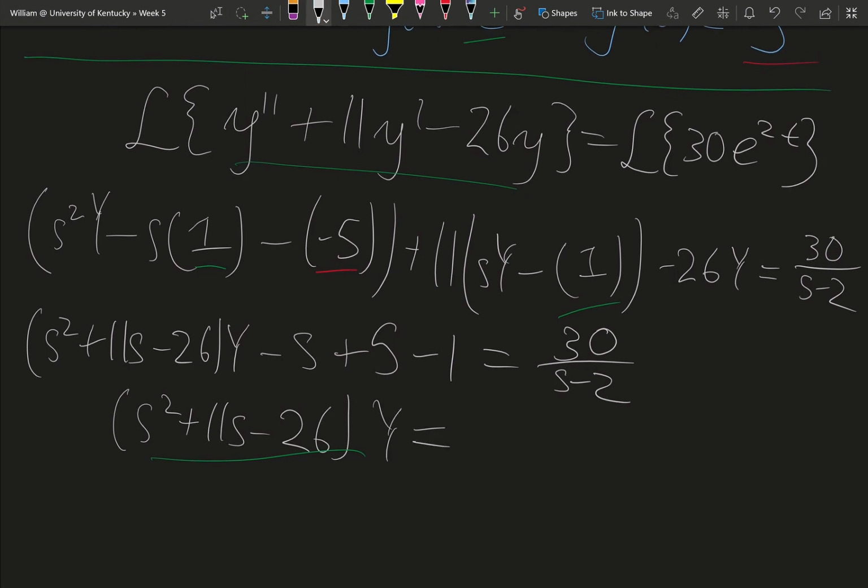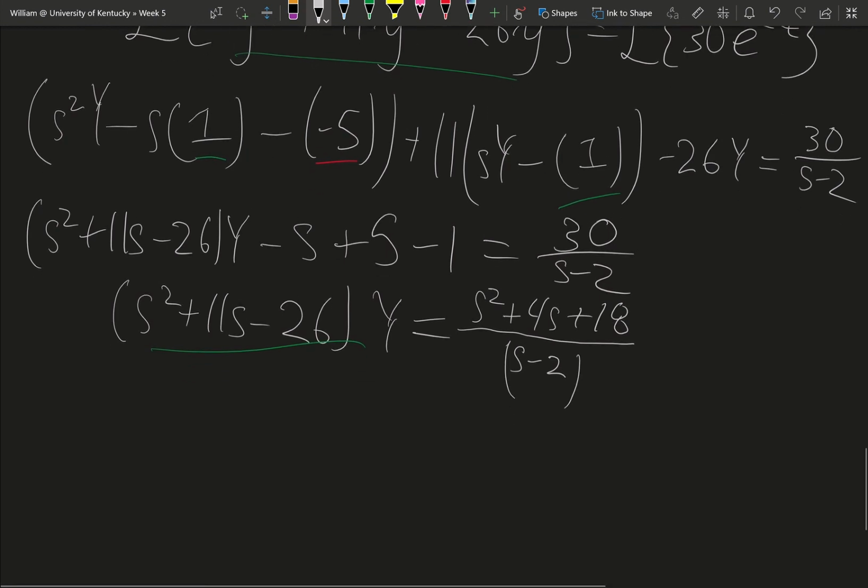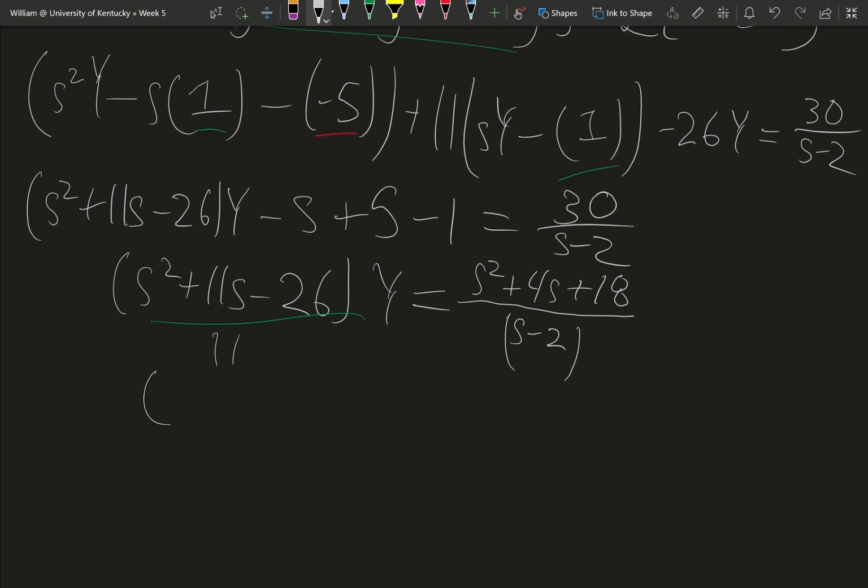And if I move that over to the other side and do some simplification, and if I note that 26 factors as 2 times 13, and it has to be positive 13, so I get positive 11.